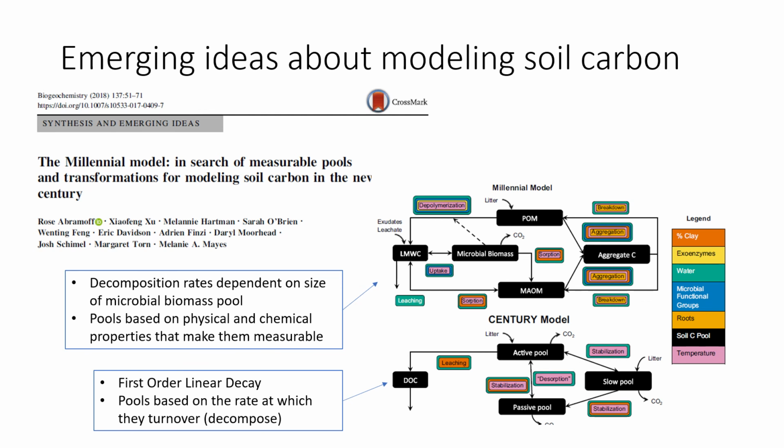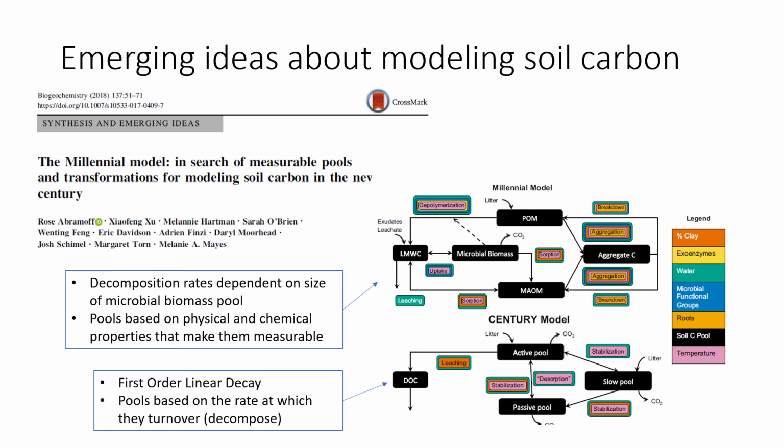So instead of the rate of decomposition being controlled by a first order maximum decay rate, it's controlled by the amount of live microbial biomass in the model. And that's this top model.